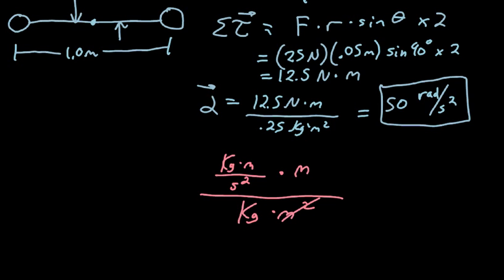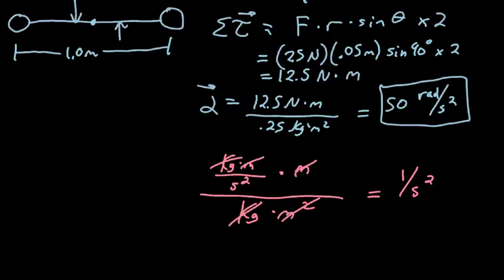So we've got meters squared on bottom and 2 factors of meter on top. Kilogram on the bottom, kilogram on top. You end up just with 1 over seconds squared. So radians is one that we kind of write in when we're solving these ones. It does work out, but the units won't appear in the other units that we do in the calculations. So just be aware that we do need to write in the radians per second squared. Anyway, 50 radians per second squared for this.